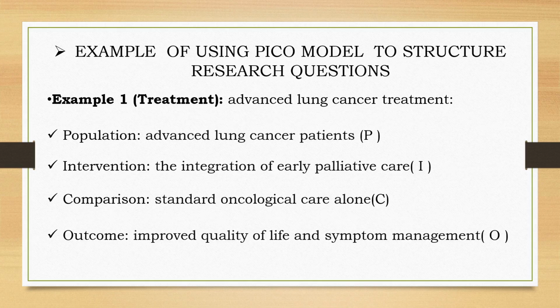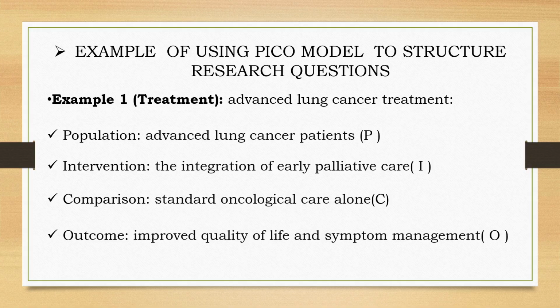Example number one, advanced lung cancer treatment. Population is advanced lung cancer patients. Intervention is the integration of earlier palliative care.